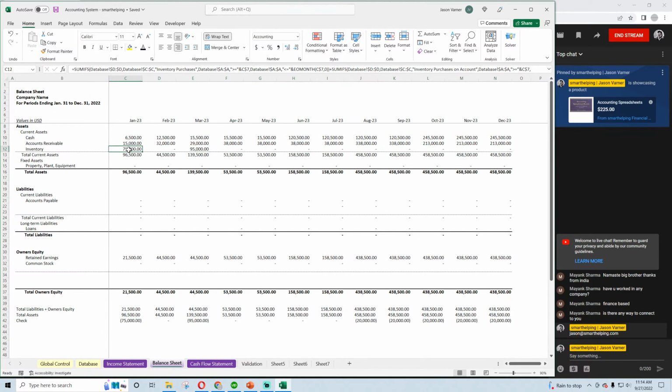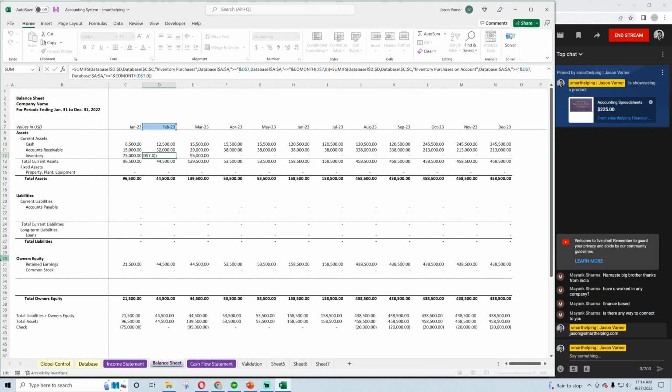We have inventory going up because we bought it. And this would be the month. This is all month ending balances, by the way. So we have inventory going up. The next month it would be this amount plus whatever the previous month ending balance was.